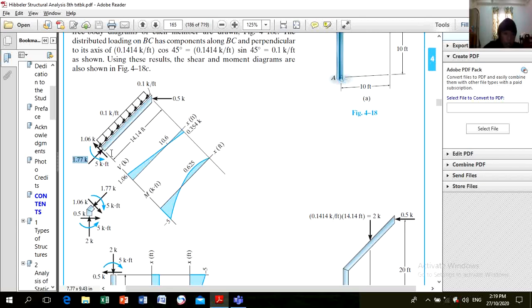How about the reaction along y? For y, it will become 0.1 times 14.14 plus 0.5 sine 45.